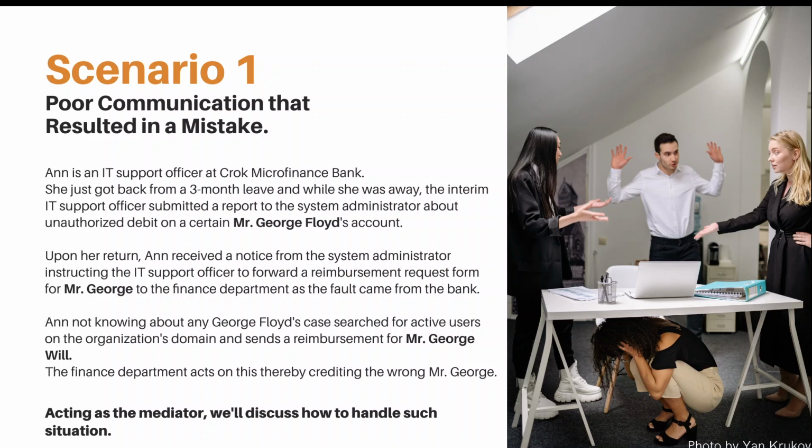And if the system administrator had been aware that Anne was on a 3-month leave and it was just an interim IT support officer that submitted the report, then he would have properly briefed her and given her an update that a particular person, Mr. George Floyd, reported an unauthorized debit on his bank account, and this is the reason why he's instructing her to forward the reimbursement request form for him to the finance department.